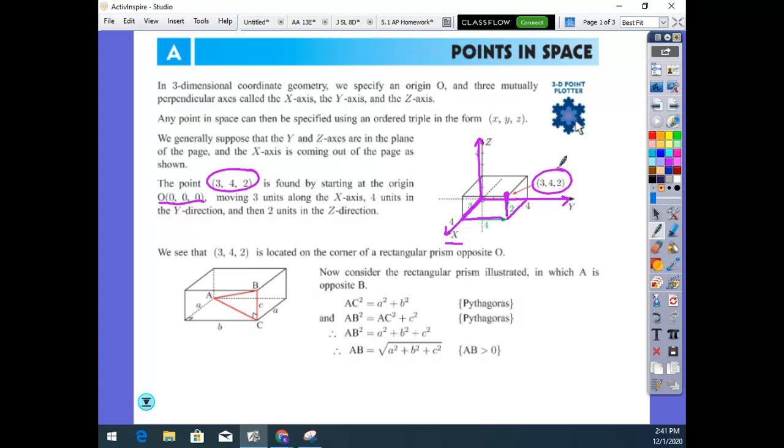Now, we know when we use Pythagorean theorem, we just have a squared plus b squared equals c squared. So then when we go three-dimensional, we're going to have it even a little bit more.